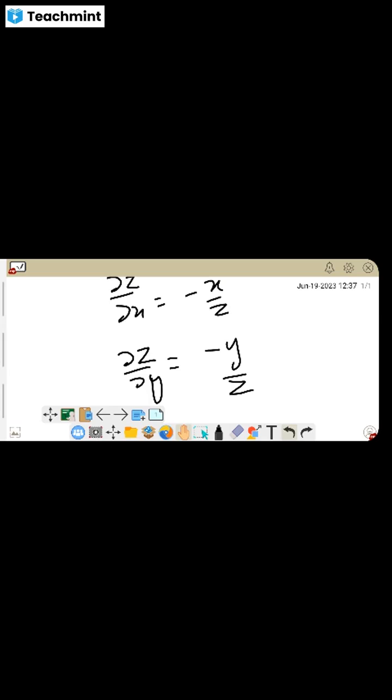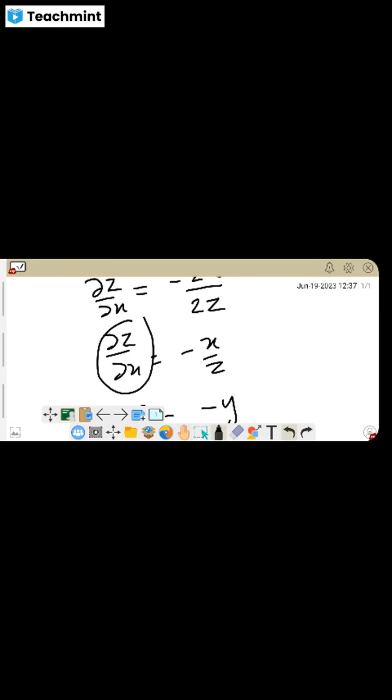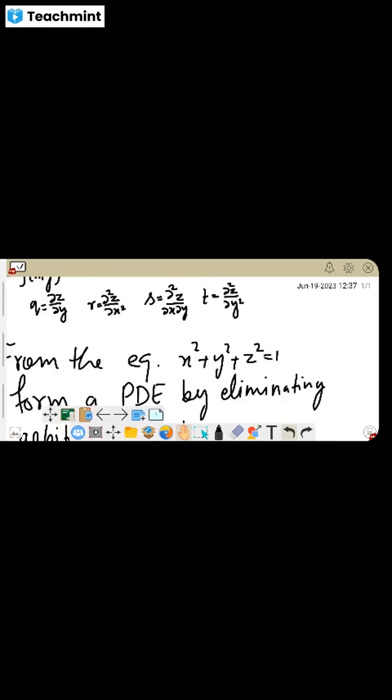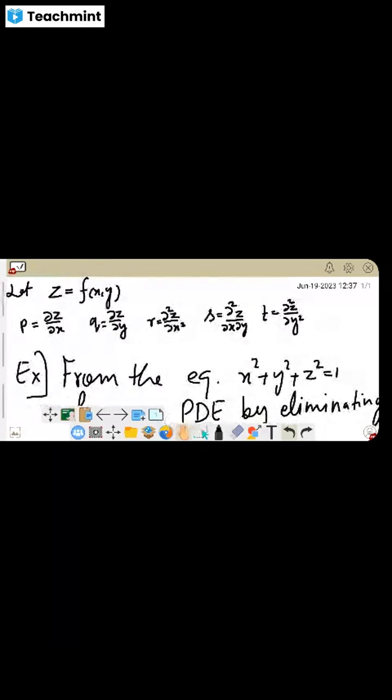From here we can use this value of p. You know, we use p according to the symbols, and this is q.